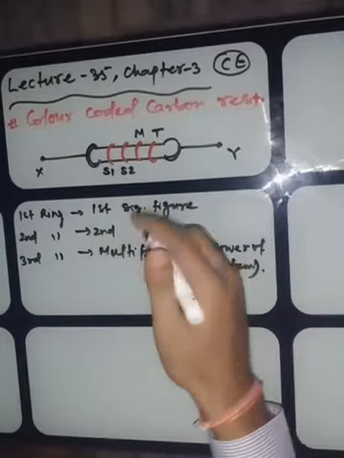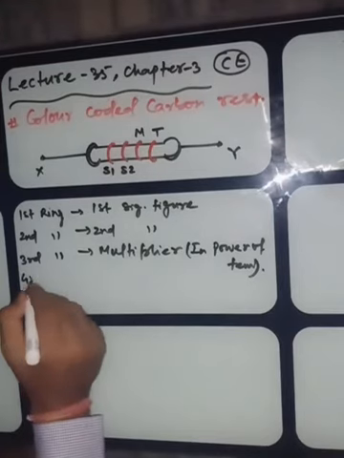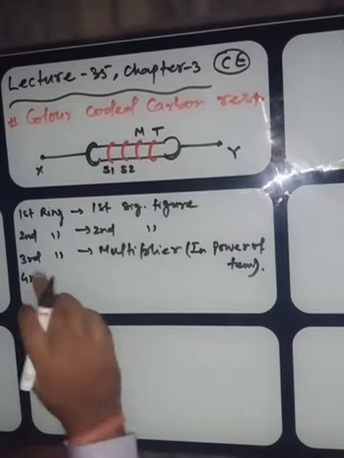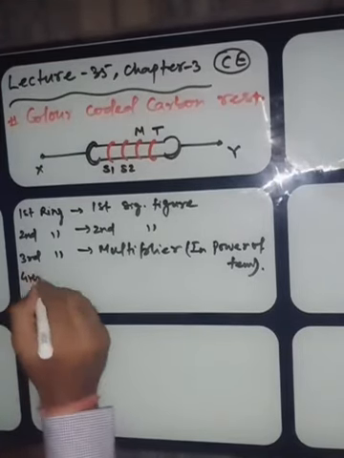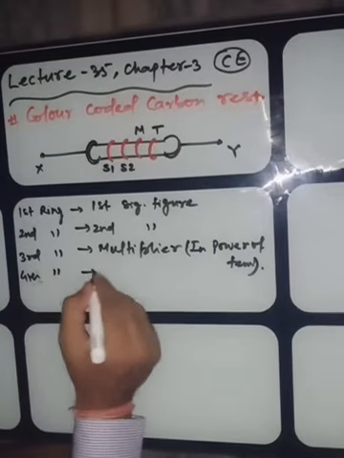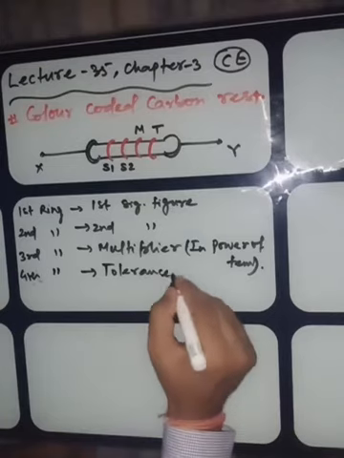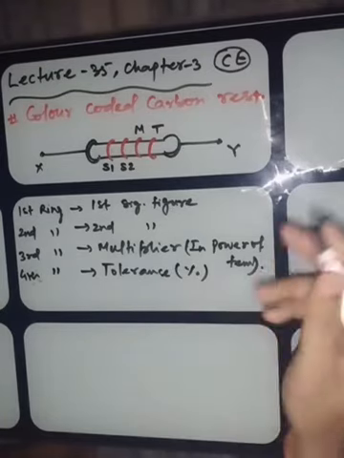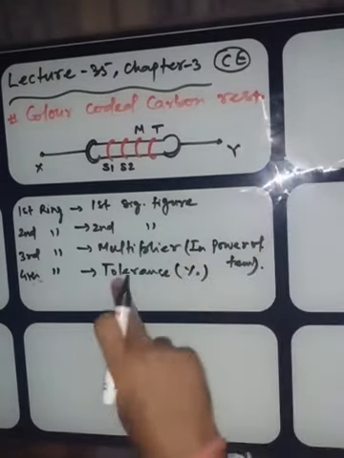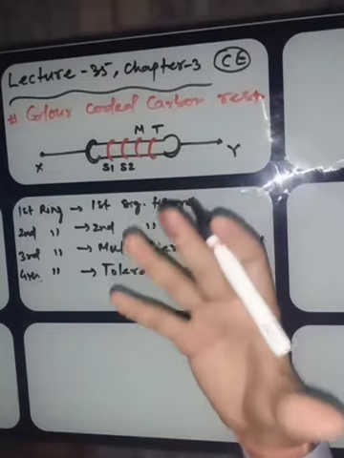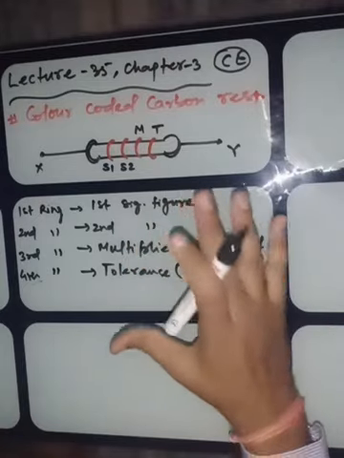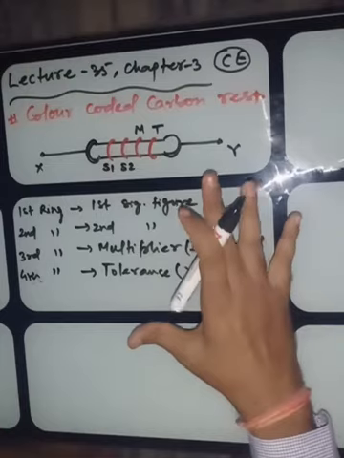Now the fourth ring will give you the tolerance, and this will be in percentage, like 5% tolerance. What does tolerance mean? Suppose you have made a resistor of 100 ohm. You know that the resistance of any resistor can vary.